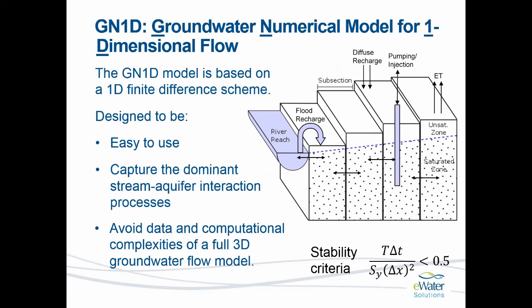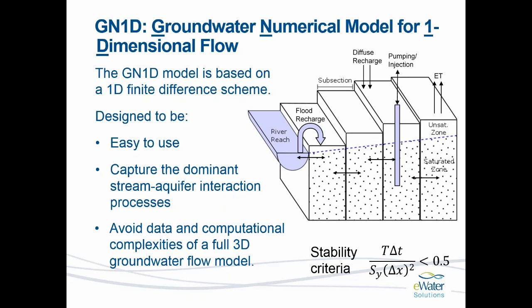This slide here shows what the numerical model represents. It's actually a full cross-section, and you can specify a number of elements within each bank. It's fairly easy to use.